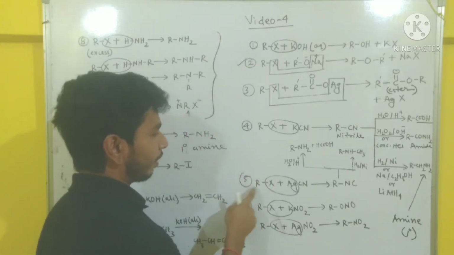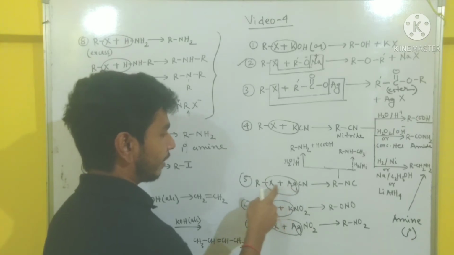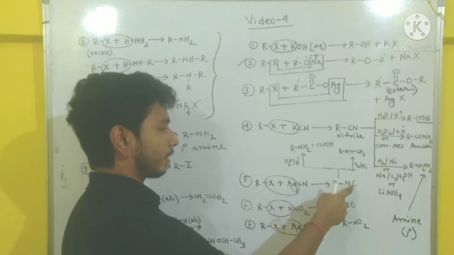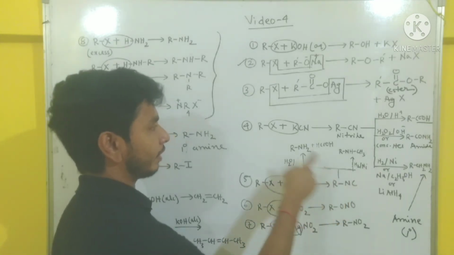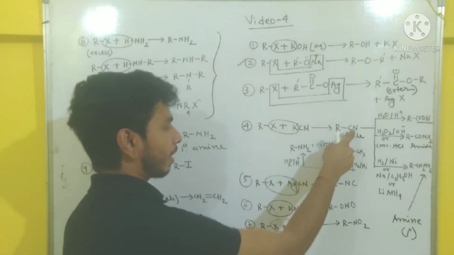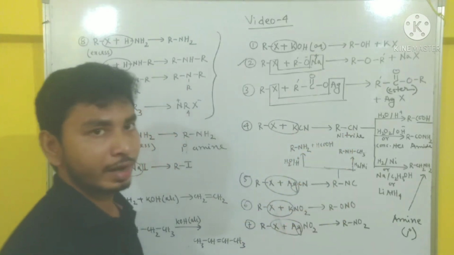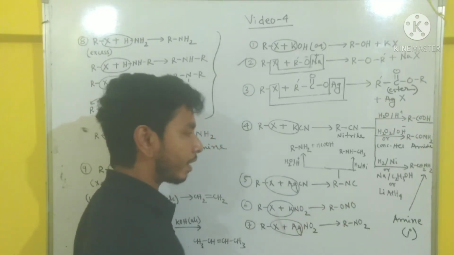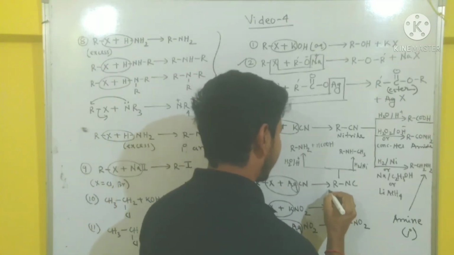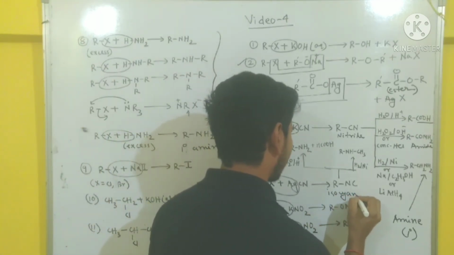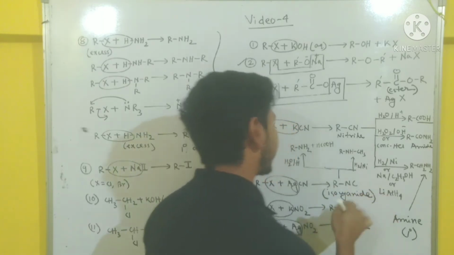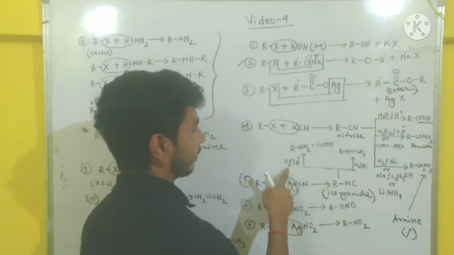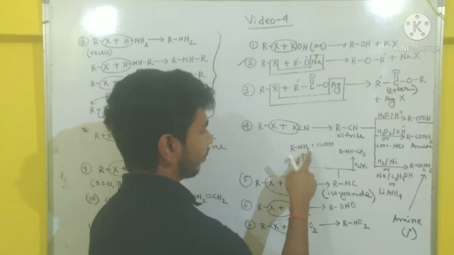Next, number 5, reaction with AgCN. With AgCN, AgX is removed, so RNC, it is not RCN, it is NC. With KCN it gives the cyanide, but with AgCN it gives the isocyanide, also called isonitrile. This isocyanide upon hydrolysis gives the amine RNH2.